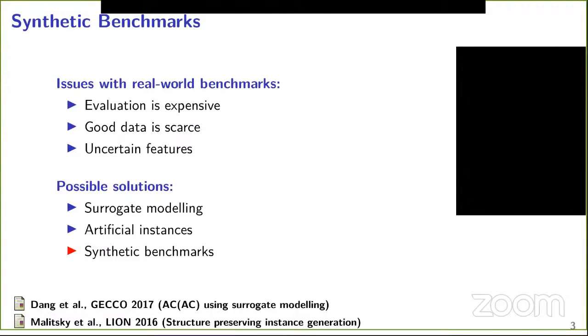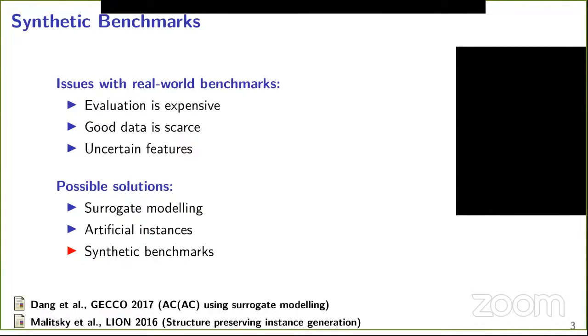Possible solution for that. When your evaluation is too expensive, you can use surrogate modeling. So basically, you start your GI process with your software, you evaluate it, you evaluate it, you evaluate it, and at some point, you stop evaluating it and you start guessing what the fitness value is based on the previous evaluations.